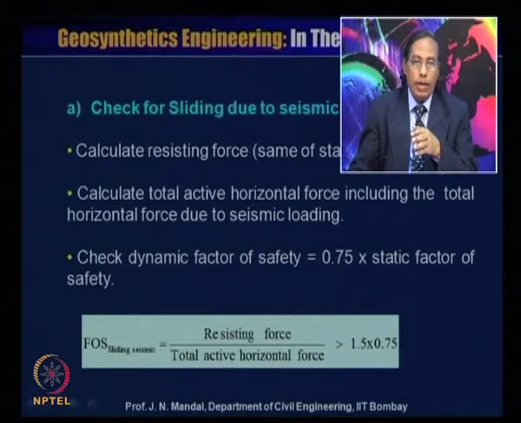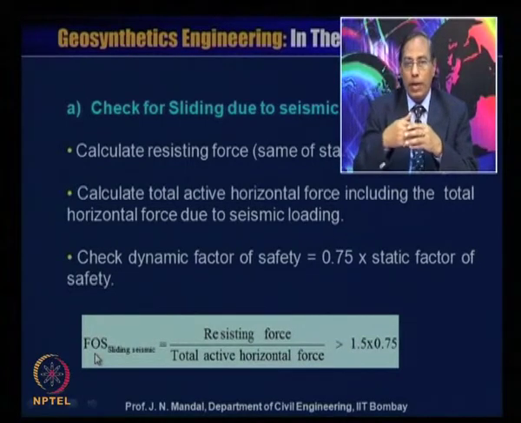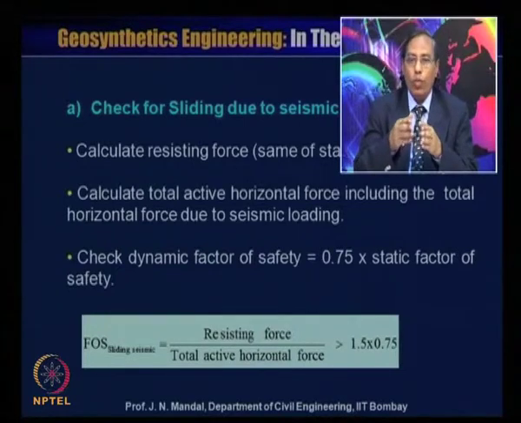You can see in this equation, the factor of safety against sliding due to seismic is equal to the resisting force divided by the total active horizontal force, and this should be greater than 1.5 into 0.75. If in the static case the factor of safety is 1.5, in the dynamic case the factor of safety will be 1.5 into 0.75. So it should satisfy this criterion for the factor of safety against sliding under seismic loading.